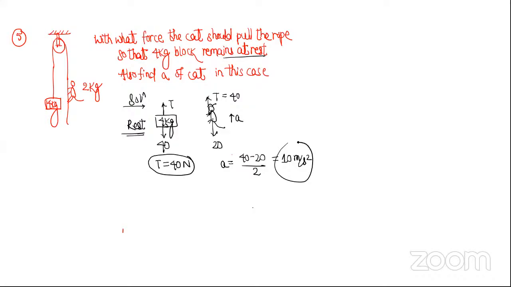So if the cat wants the 4 kg block to remain at rest, the cat should pull the rope with 40 Newton, and the cat has to climb up with acceleration 10 meter per second square. How many of you got this answer? Raise your hands.